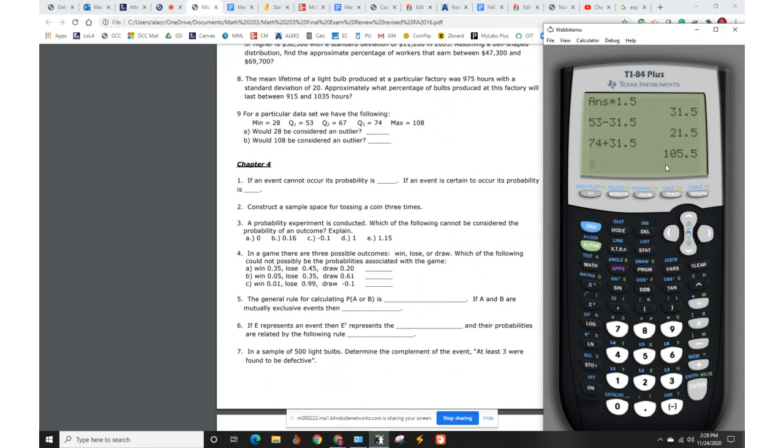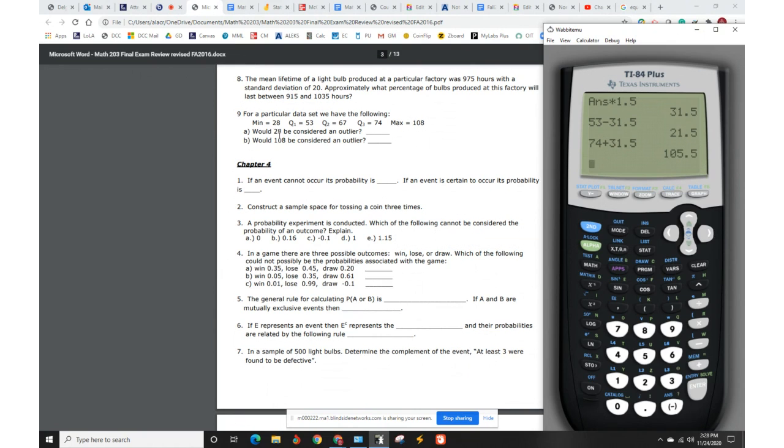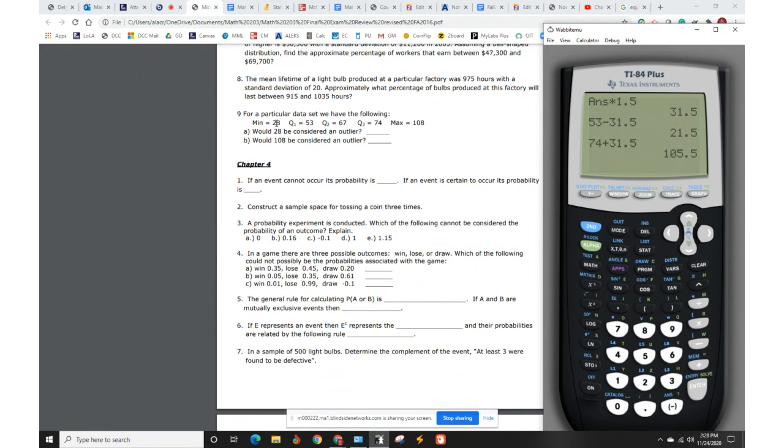It was 21.5 and 105.5. That's your lower and your upper boundaries for outliers. The lower boundary, if this was your minimum piece of data, we're fine on that end. But on this end, that would be considered an outlier.